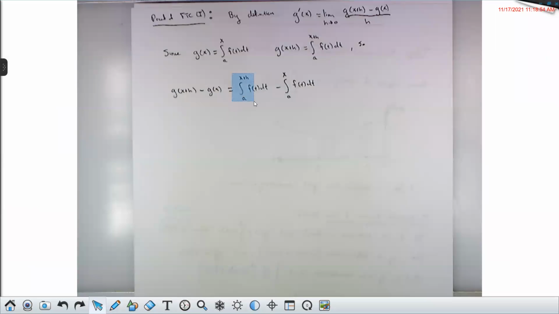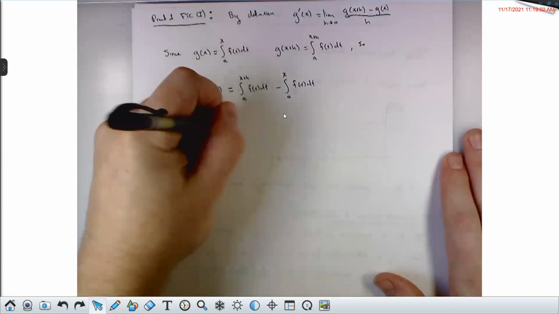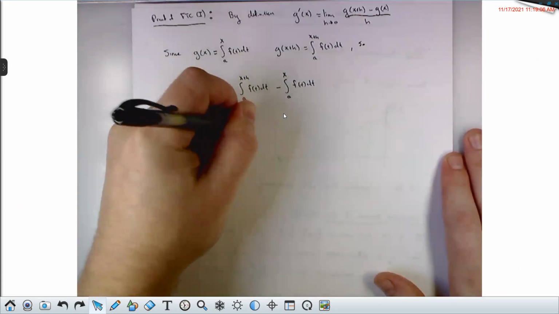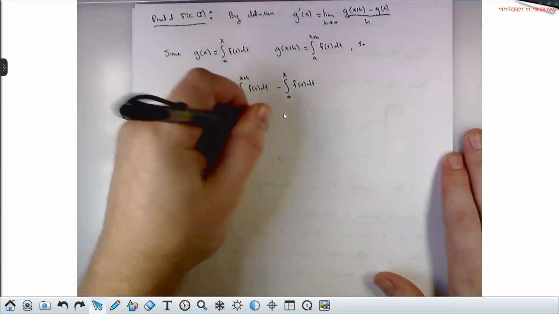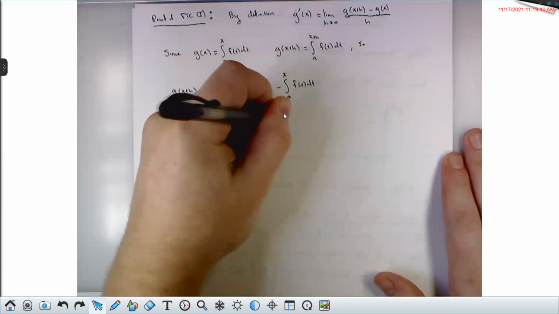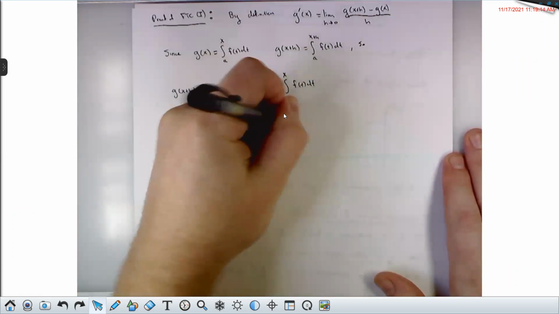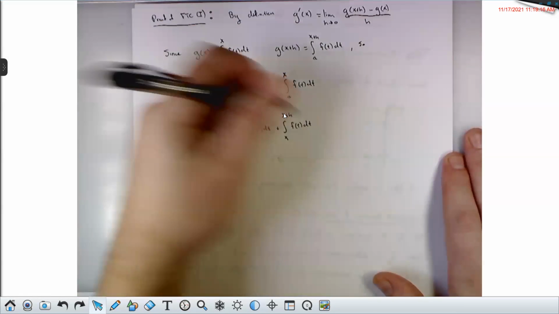So they split this guy up as the integral from a to x plus the integral from x to x plus h. So they rewrite this first guy as the integral a to x f of t dt plus the integral from x to x plus h f of t dt.